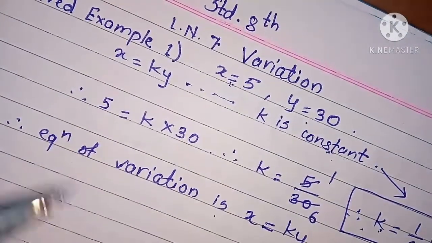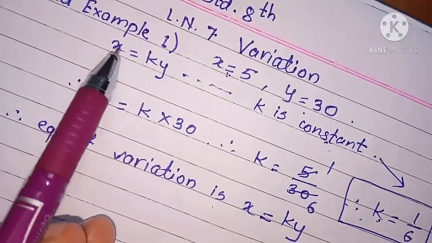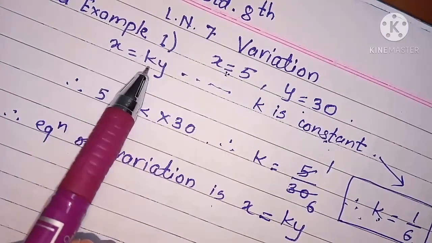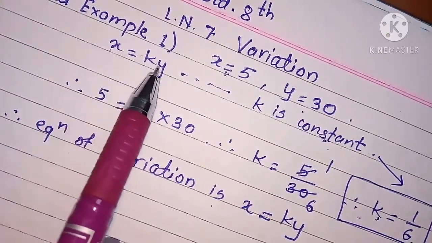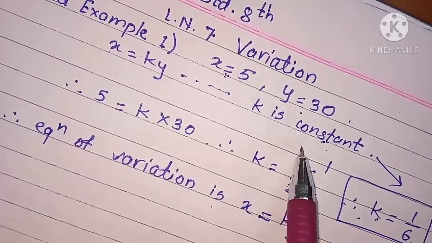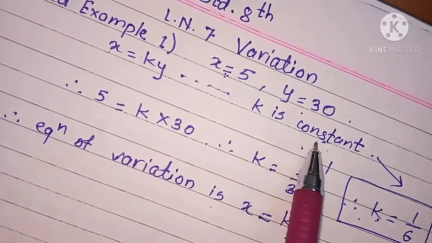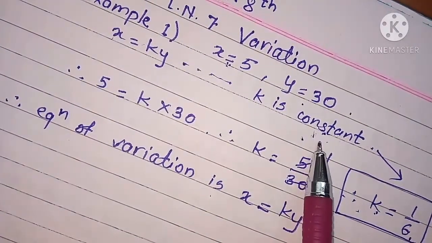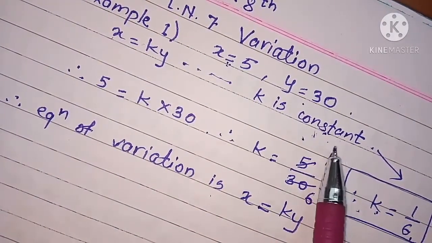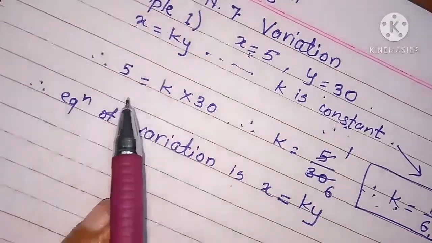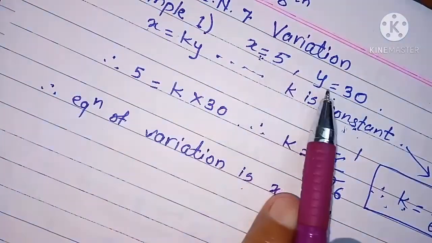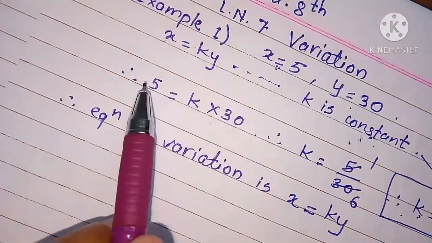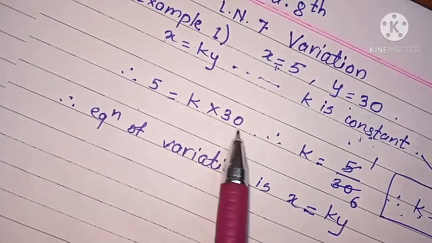We know that when direct variation is there, x is equal to ky, that is x upon y is equal to k. The question asks us to find the constant of variation and then the equation of variation. If we put these values of x and y in this equation, we get 5 is equal to k into 30.